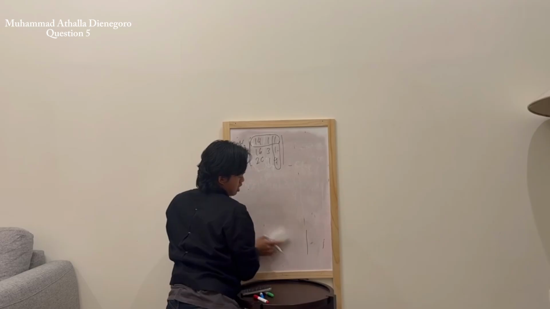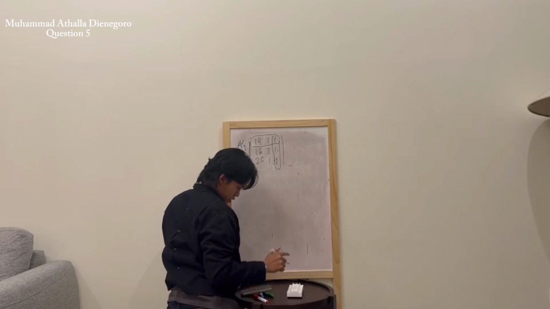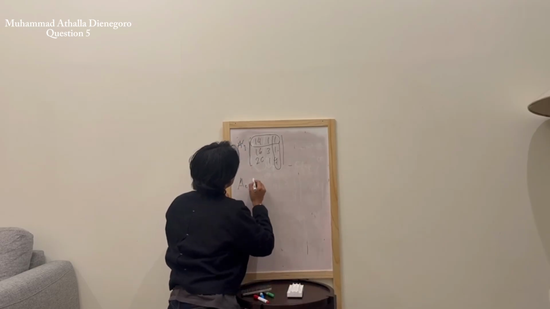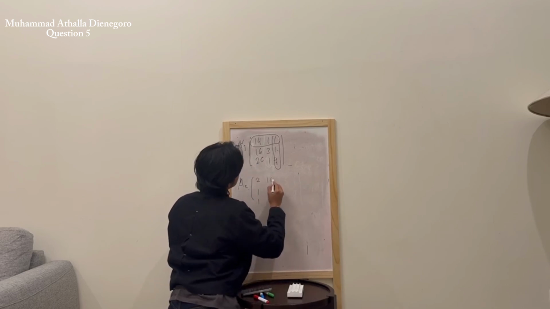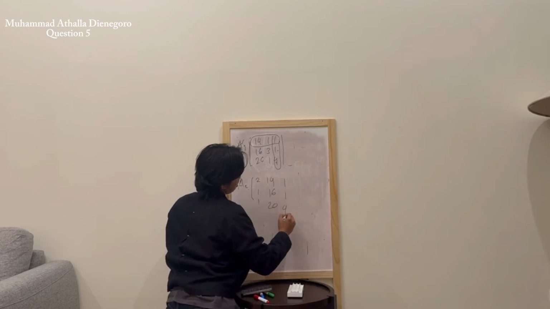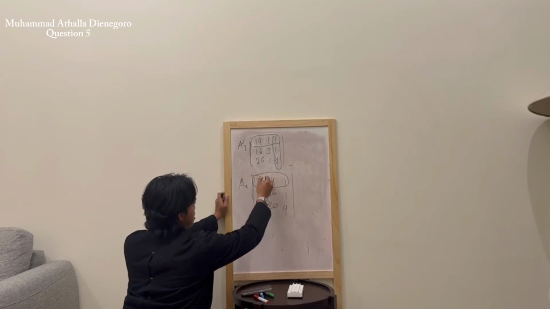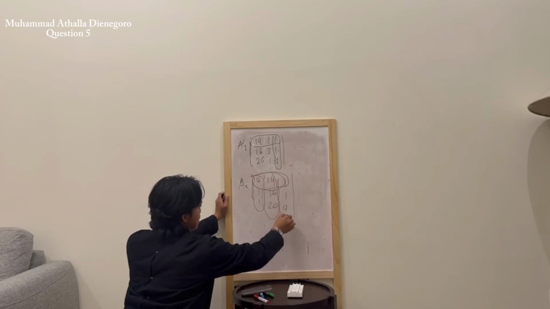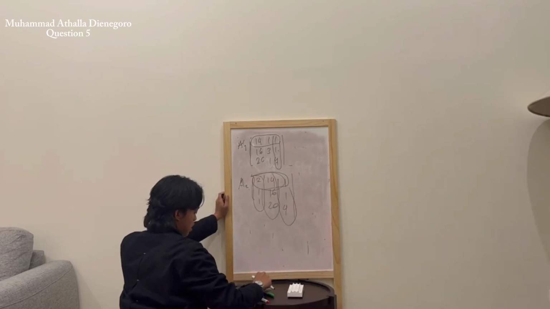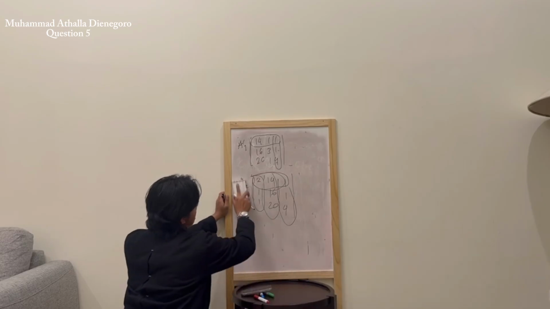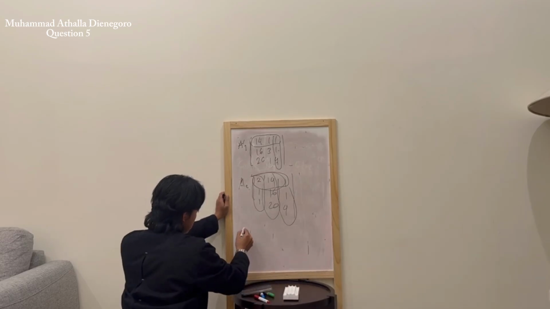So for the A2, wait, I forgot. 2, 1, 1, and then 14, 16, 20, and 1, 1, 4. We have a form like this, this, this, this, and this. The third one is also the same. We have the A3 here, same also.